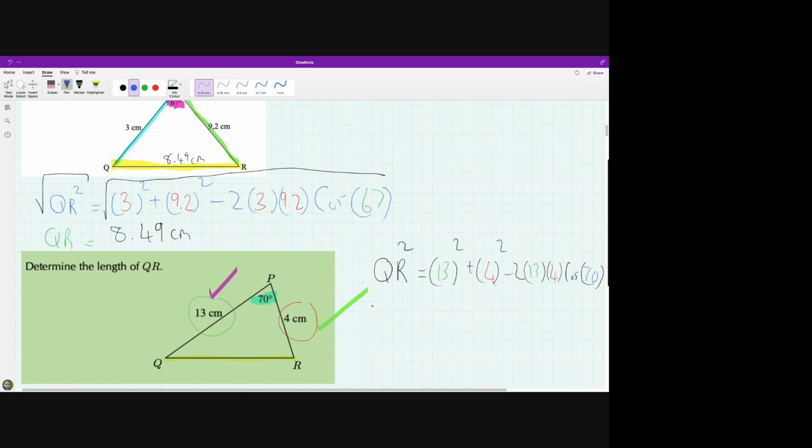So now, in order to find what QR is, I have to square root both sides. And what I want to know from you is what is the value of QR that we are getting?